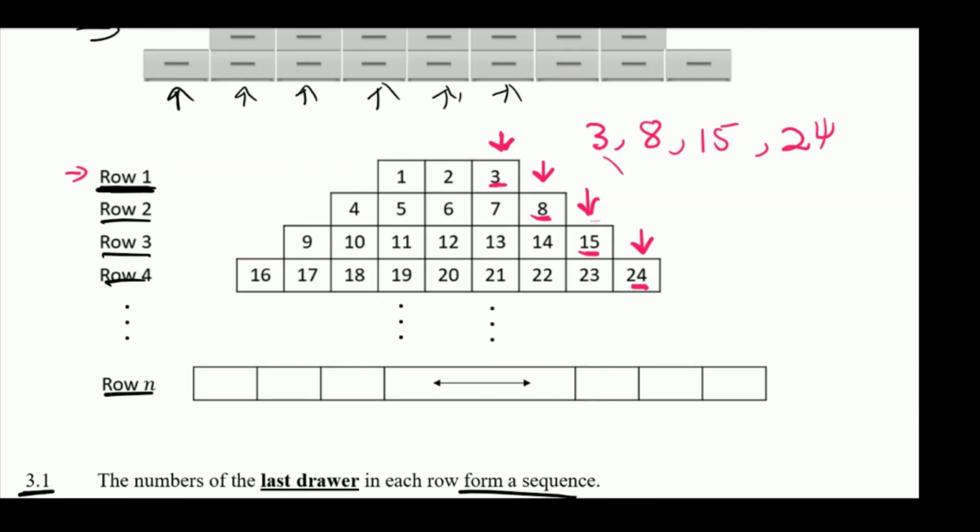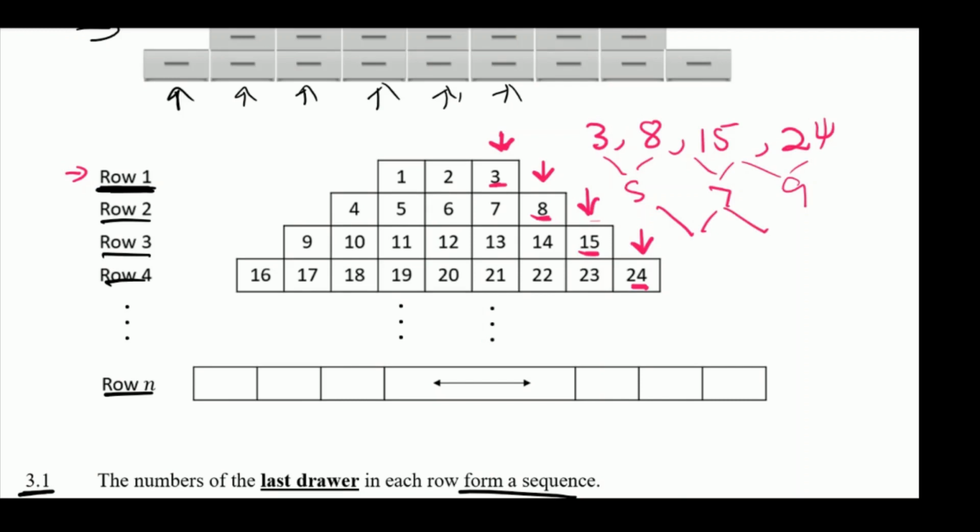So we can try and find a difference and see if it is geometric or arithmetic. The difference of 8 minus 3 is 5, the difference here is 7, the difference here is 9. So definitely not an arithmetic sequence, but it looks more like a quadratic sequence, right?